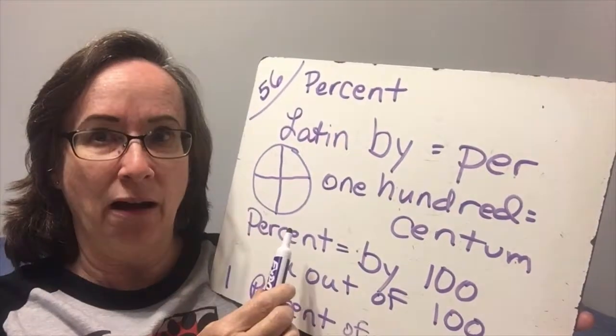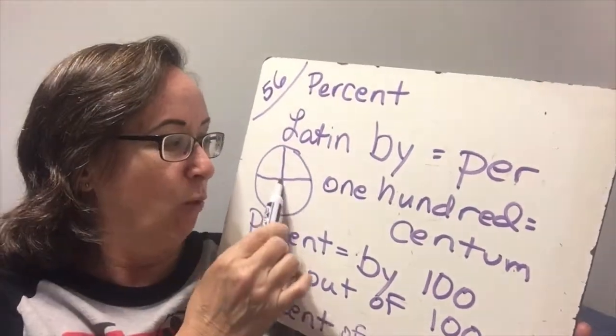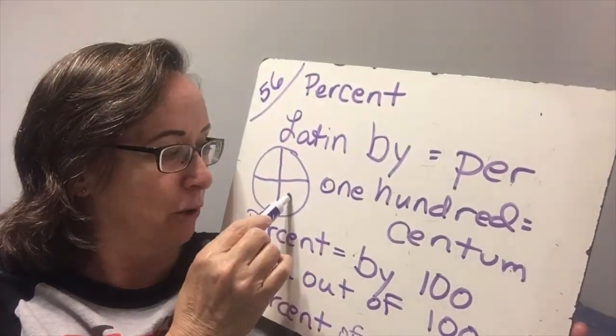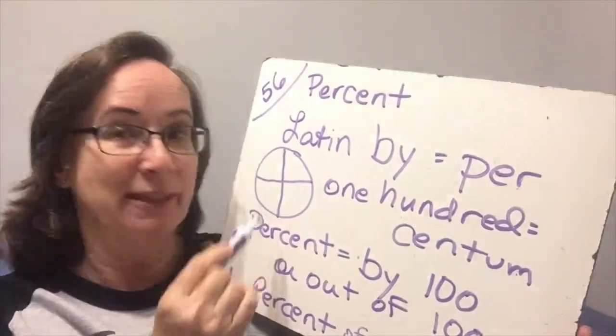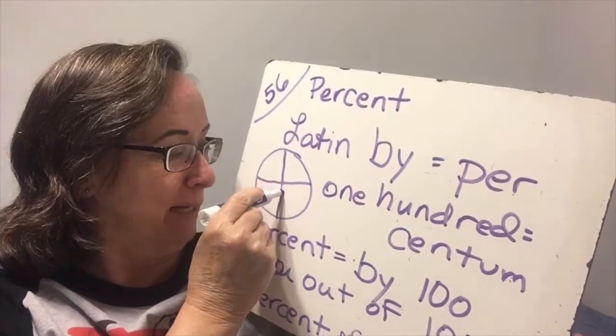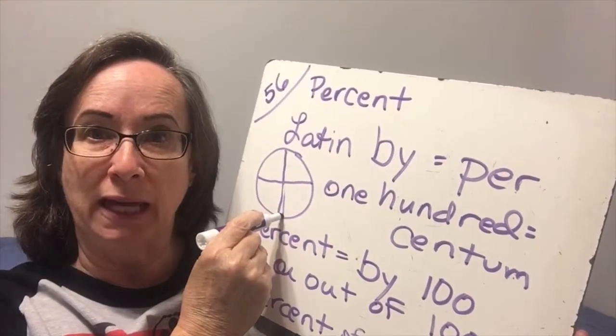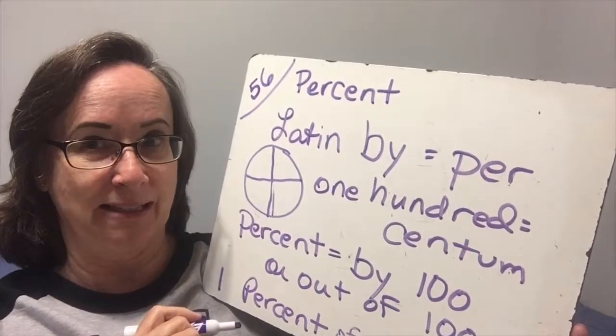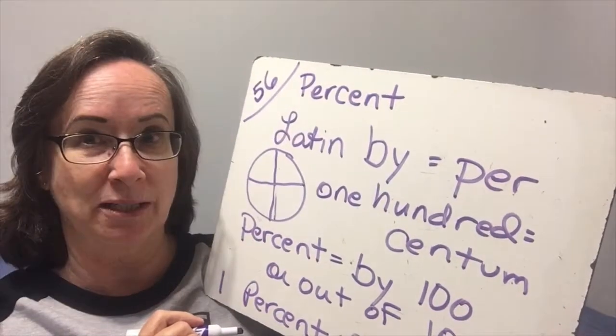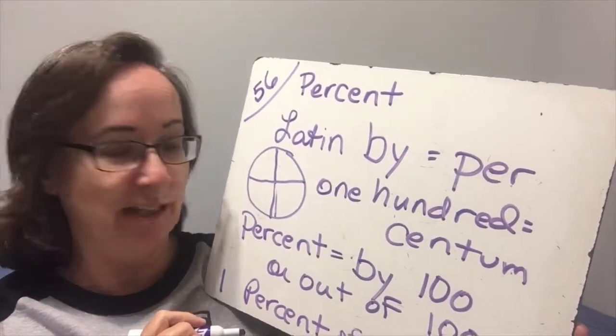But if we had this quarter divided into 25 equal pieces, then one of those teeny little slivers would be 1/100th of the pizza, because 4 times 25 is 100.